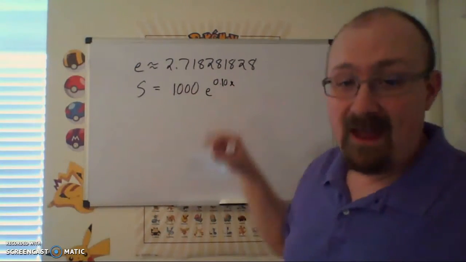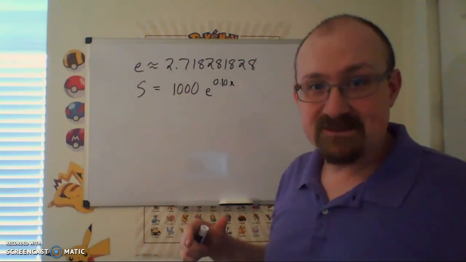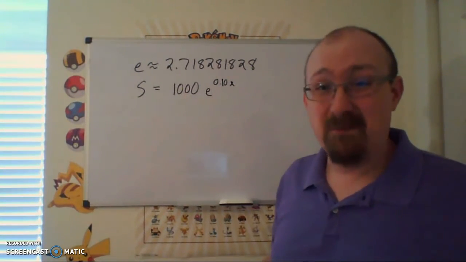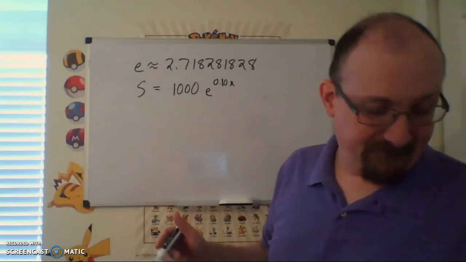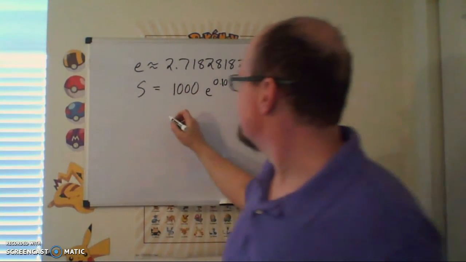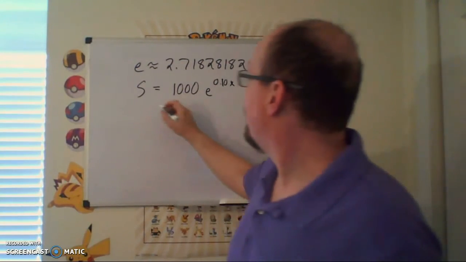The 0.10 and the x are both in the exponent in this instance. That's our setup, and we want to know how much money we would have sitting in this account after 5 years. So the idea is we're going to be plugging in 5 for x into this. That's our setup.